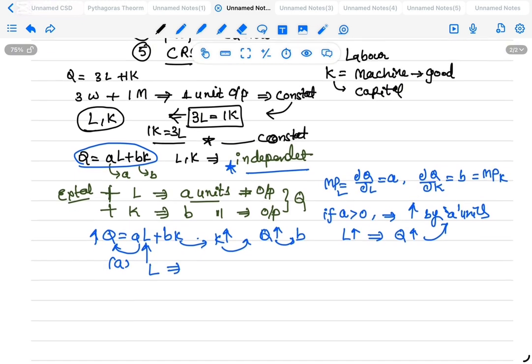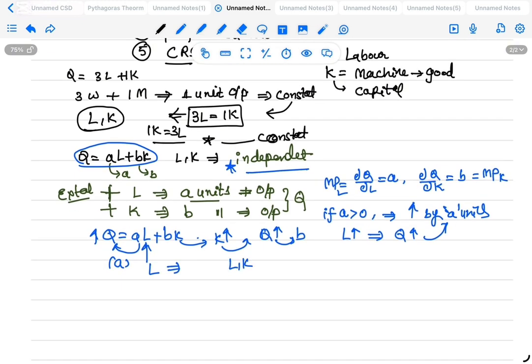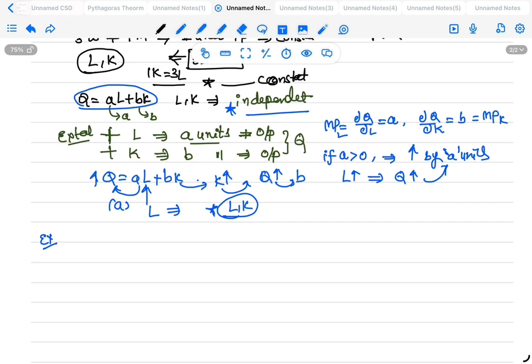Because of this, L and K are perfect substitutes in a linear production function, but not in a Leontief production function. How will we show it? For example, Q equals 2L plus 3K. If L equals 5 and K equals 4, Q equals 10 plus 12, that is 22.